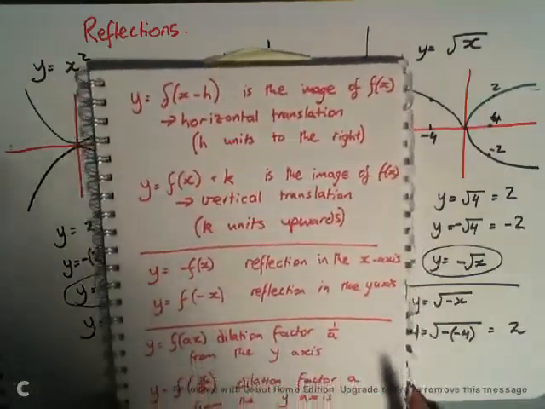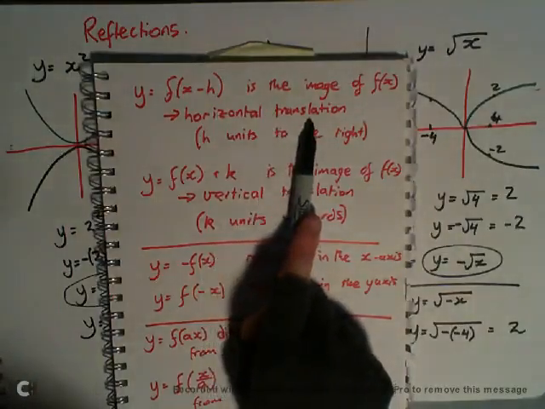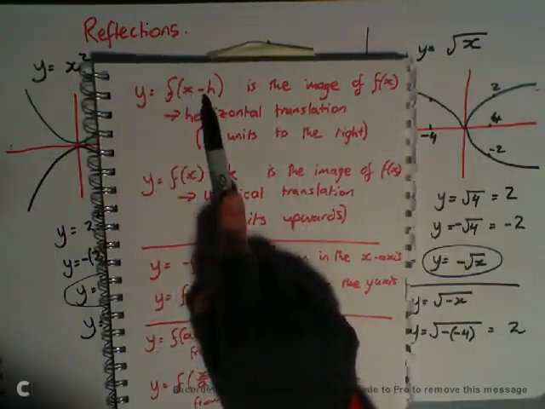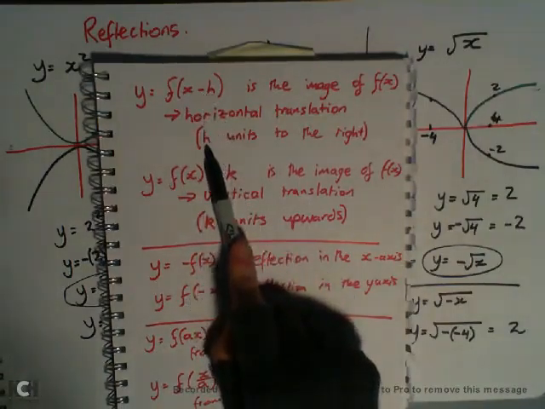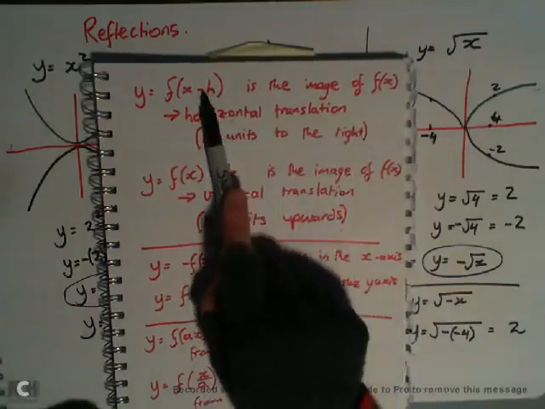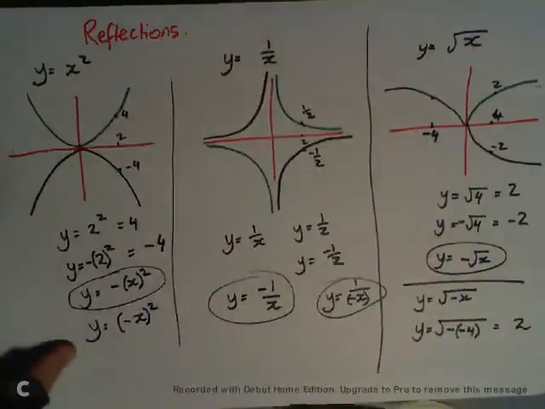Okay, I've got some pre-written notes here. So a horizontal translation, we say y equals f of x take h. Okay, we've moved it to the right h units. Okay, minus, meaning we go to the right. Let's go back. Let's have a look.